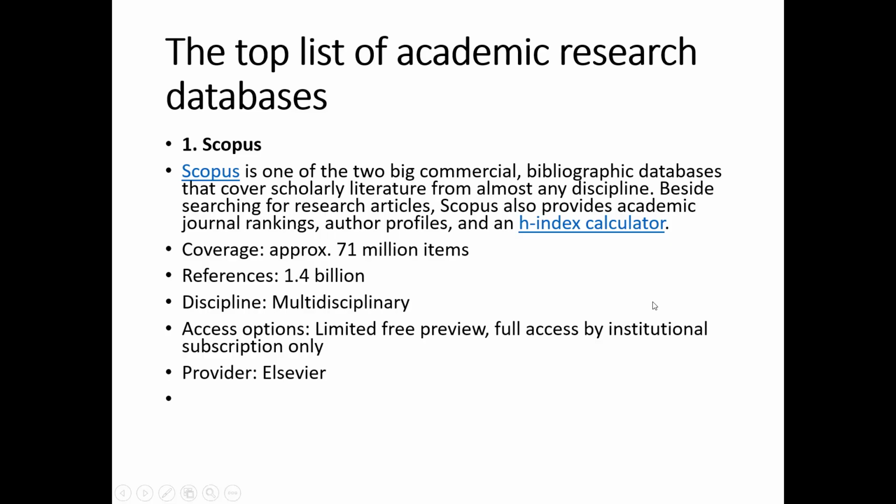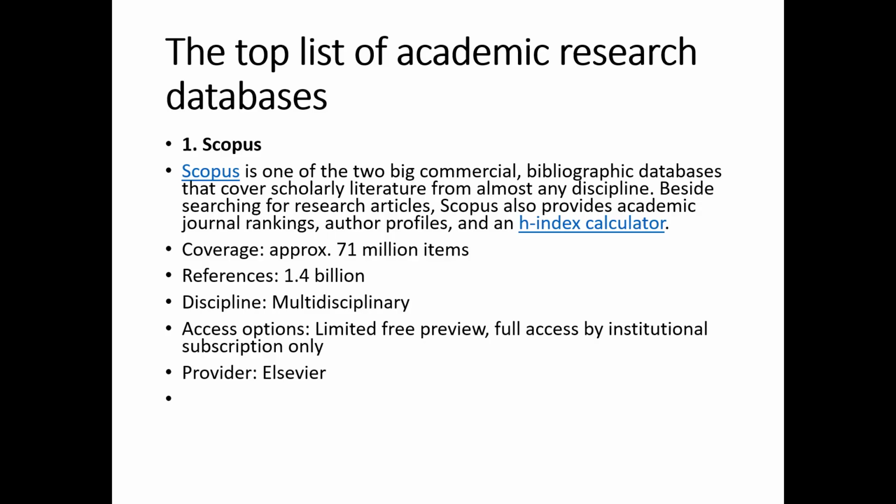Based on this H-index, if the H-index is high, that means there is a high reputation for that journal. That means most other authors refer to the articles published in this journal. So we can trust it. So likewise, Scopus not only gives the article, but also the journal information as well.